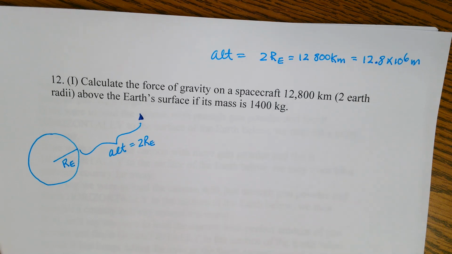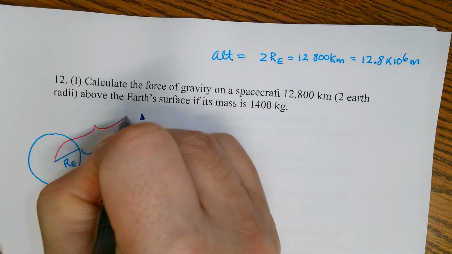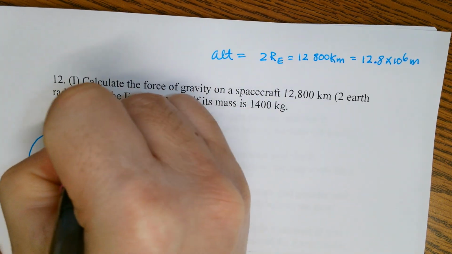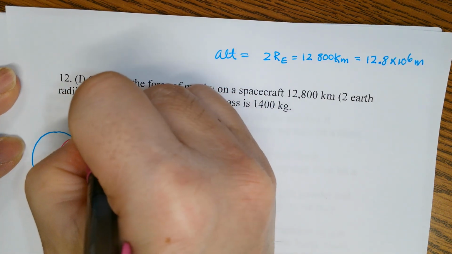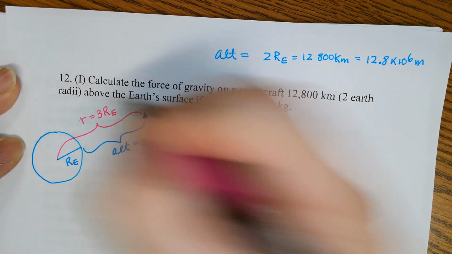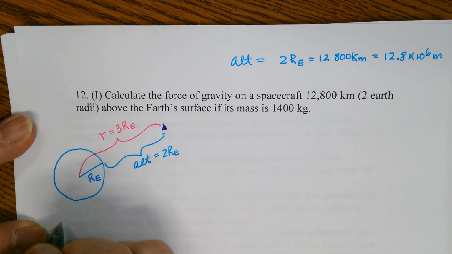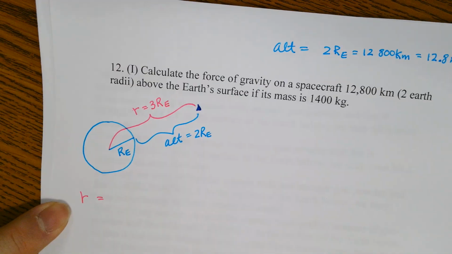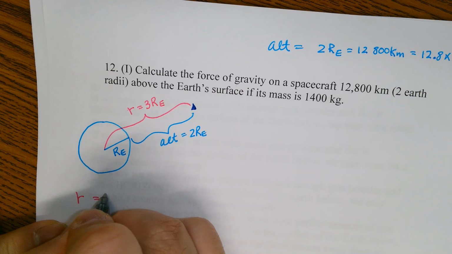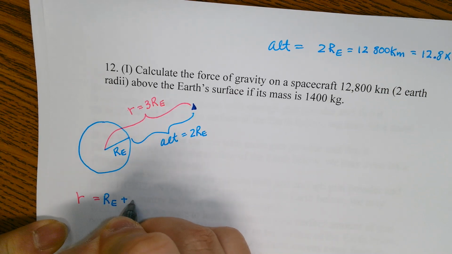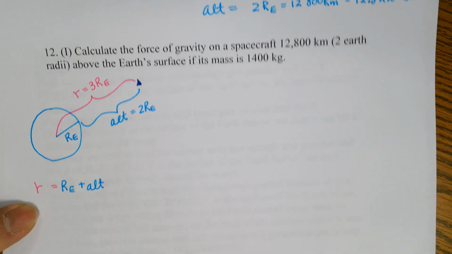So our orbiting distance or orbiting radius r is equal to 3 times the radius of the Earth. Okay? So the orbiting radius is basically the radius of the Earth plus the altitude. That's very important.